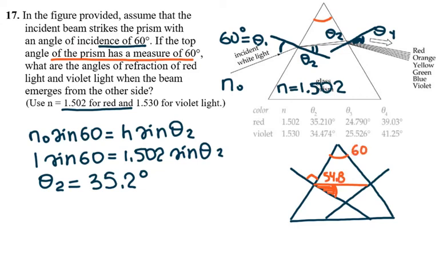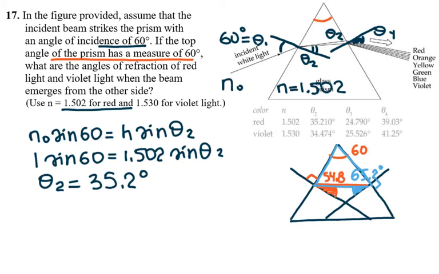And in this triangle right here, the sum of all the angles should be equal to 180. So I'm going to subtract from 180 60 and 54.8, which gives me 65.2. So this part is 65.2 degrees. So now, because this is again 90 degrees, I can find out what this angle is, which is the incident angle for the other side of the prism.